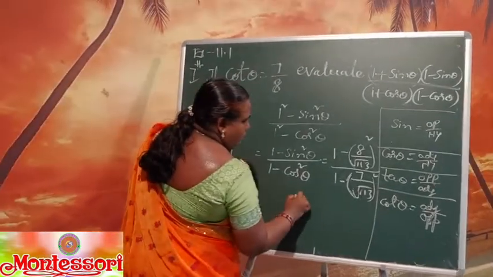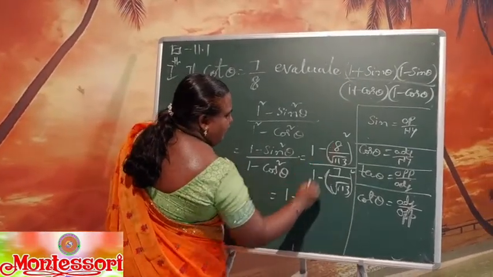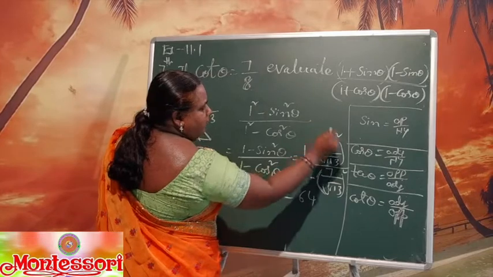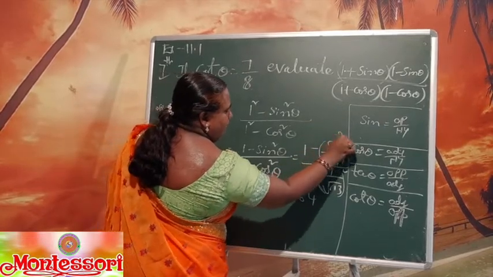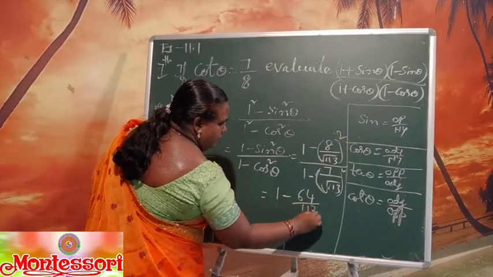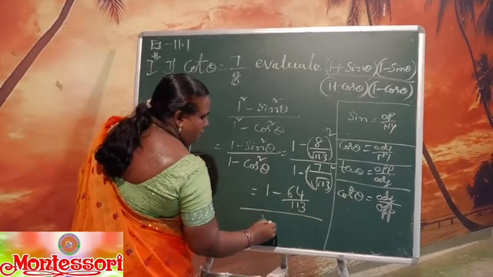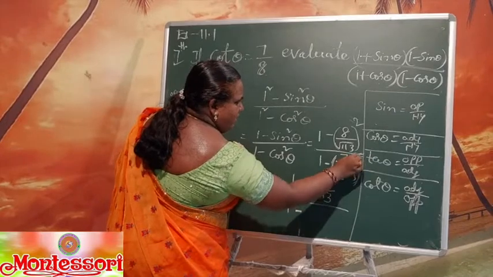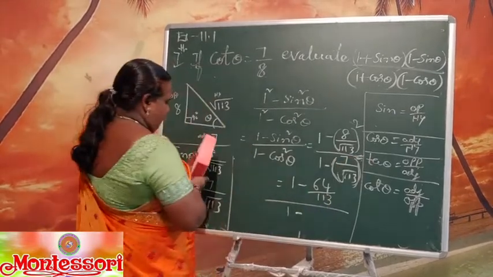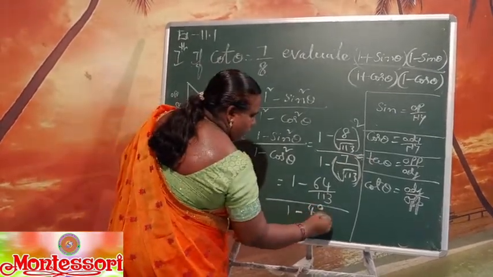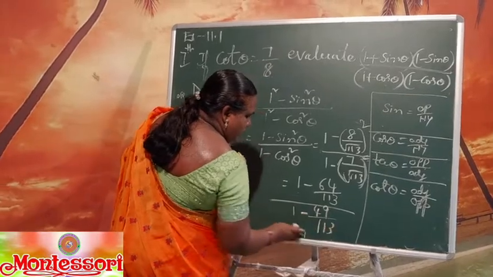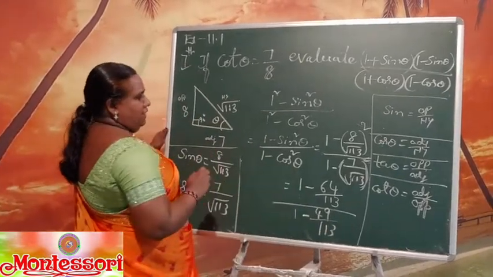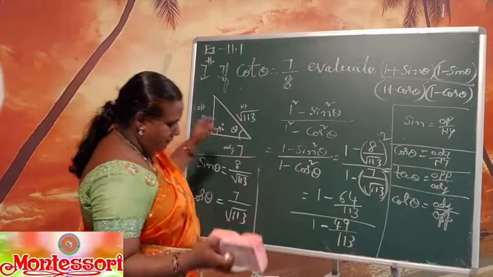Now see, square it. 8 square means 64, and root and square will get cancelled. So answer is 1 minus 64 by 113, by 1 minus 7 square, which is nothing but 49, by 113. Now LCM is 113.